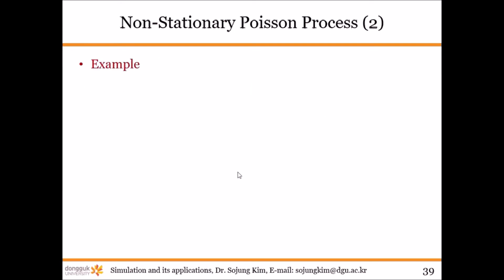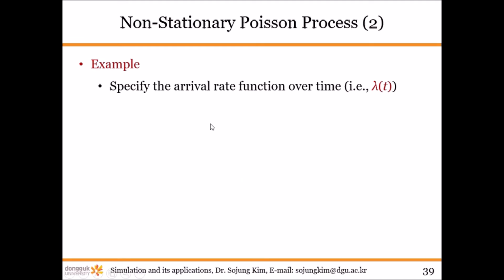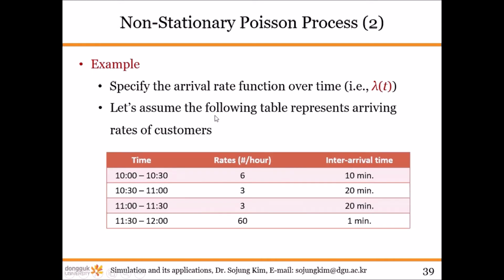But before you do that, let's look at an example. In order to implement the non-stationary process, you may want to specify the arrival rate function over time, lambda t. Let's assume the following table represents the arrival rate of customers. We have 4 time slots, and these are the arrival rates. And here we have the inter-arrival time between incoming calls or parts and so on. If we have a higher arrival rate, then we will have a lower inter-arrival time.